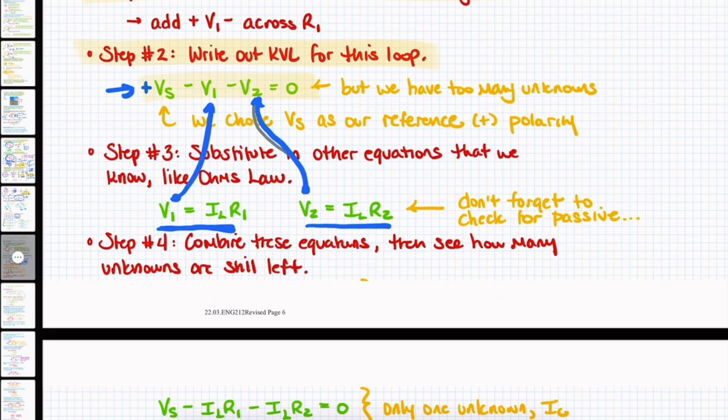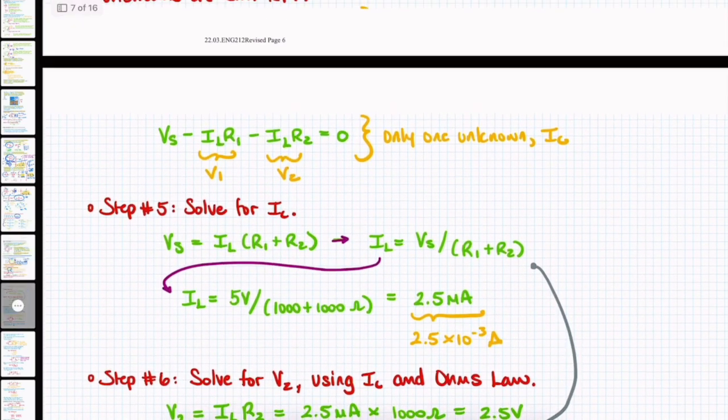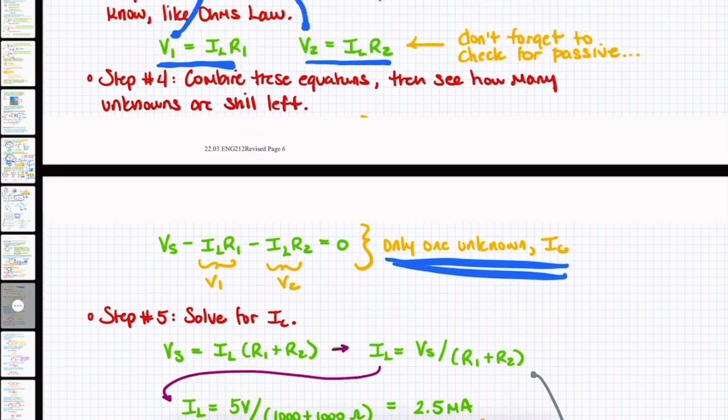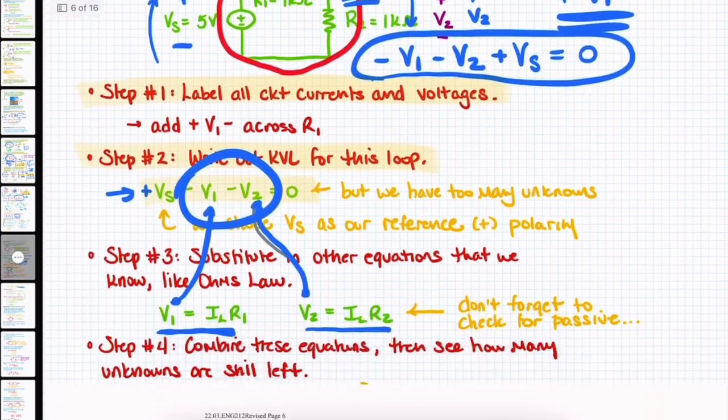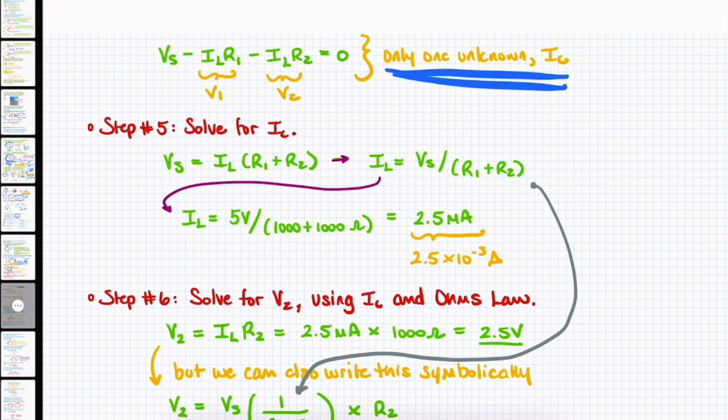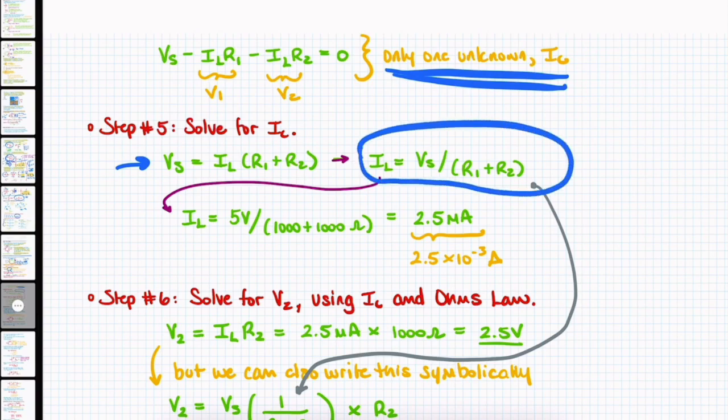We don't have to worry about any negatives. And that again is the beauty of relying on the passive sign convention as much as possible. So anyway, we substitute those two in here, and what we end up with is an equation with only a single unknown, which is our IL. We can solve for IL using this form right here. Or actually, this is an intermediate form with the solvable form being this right here.